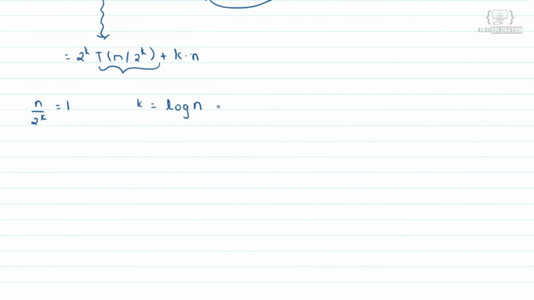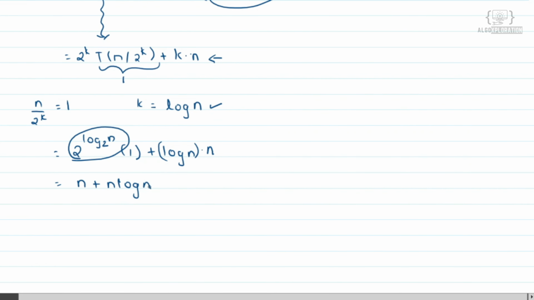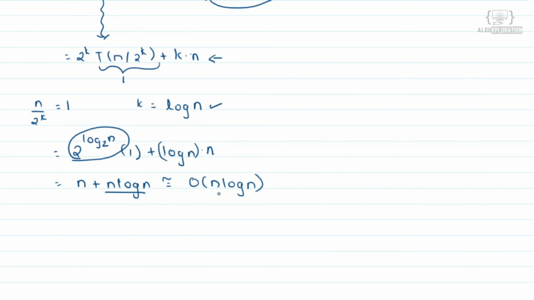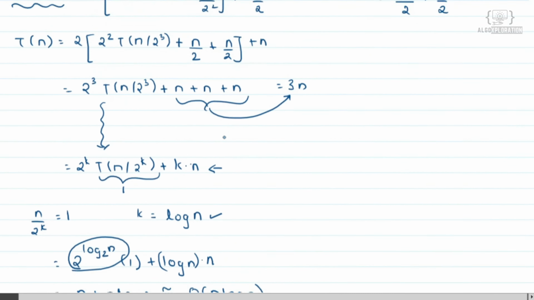Now we put the value of k in this equation. So 2^(log n), the base is 2 here, into 1, plus log n into n. Now the value of this is n + n log n. The dominant term is n log n, so we get order of n log n, which is the same.